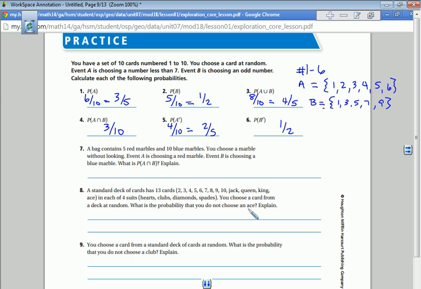Okay, as soon as you're done, take a look up and see how you did. See if you have any questions for me. Any questions on 1 through 6?